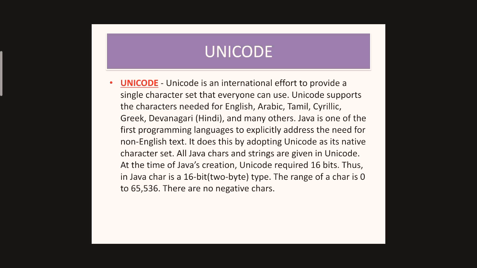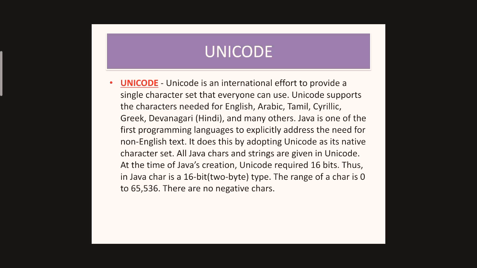At the time of Java's creation, Unicode required 16 bits. Thus, in Java a char is a 16-bit, meaning 2-byte, type. The range of a char is 0 to 65,536. There are no negative chars.